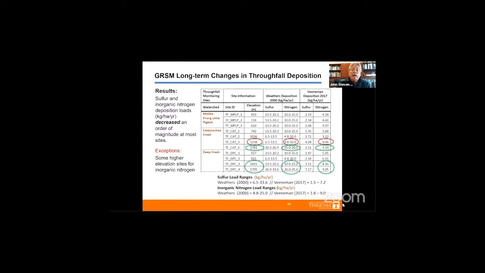And so in this group of three watersheds, the comparison was similar to the group in the previous slide. Weathers was 6.5 to 33.6 for sulfur deposition, Andrew Wiedemann 1.5 to 7.2. And then again for inorganic nitrogen, you see 4.8 to 25, and then Wiedemann 1.8 to 9.